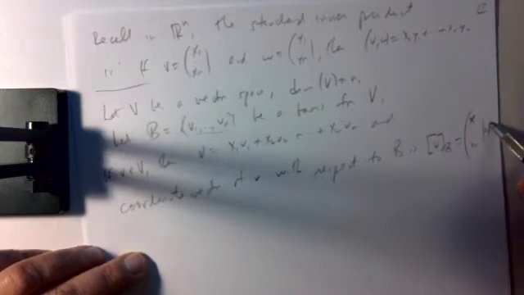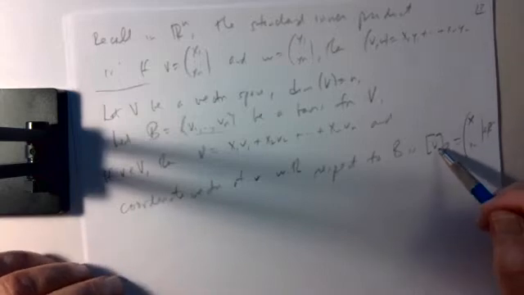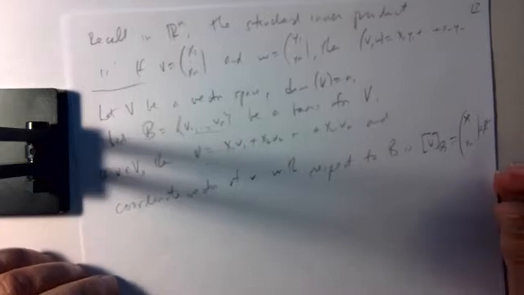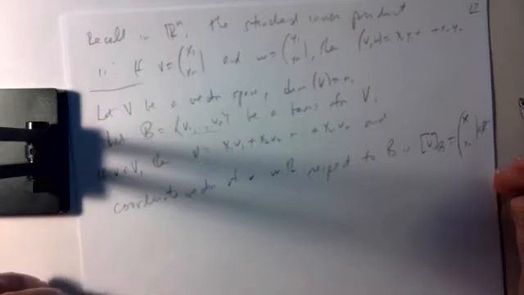So this is a vector in Rn, but V is not a vector in Rn. This is just the coordinates of V written as a vector in Rn.